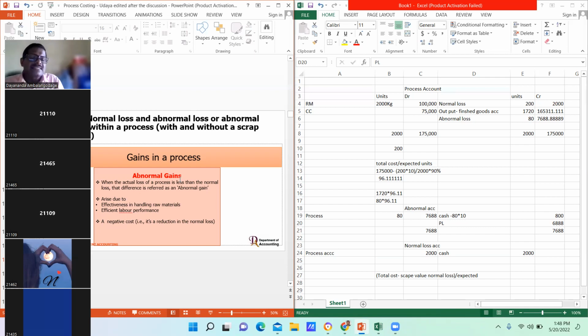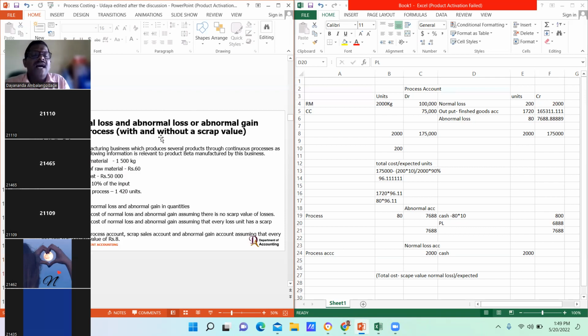Whatever the things, due to these, even though you expect a little bit of normal loss, your actual loss was below the normal loss. In such a situation, you will get the abnormal gain. So we will take one example with an abnormal gain.